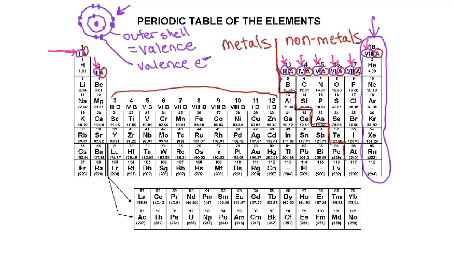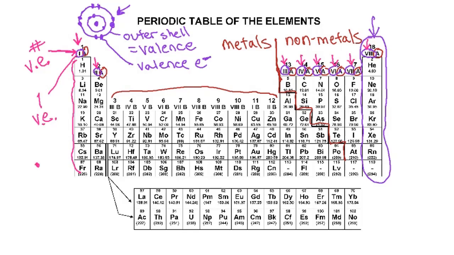So this is the number of valence electrons, and valence electrons are abbreviated VE. So everything in this entire column has 1 electron in their valence shell.